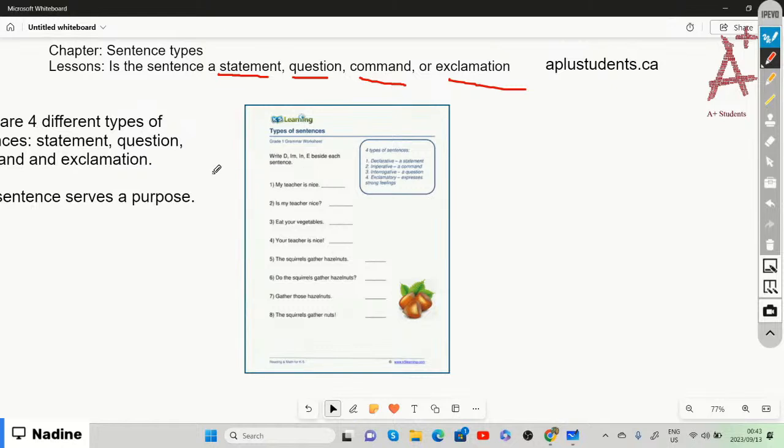My teacher is nice. If we look at that sentence, my teacher is nice, it ends with a period. Do you think that sentence is a statement, a question, a command, or an exclamation? My teacher is nice.